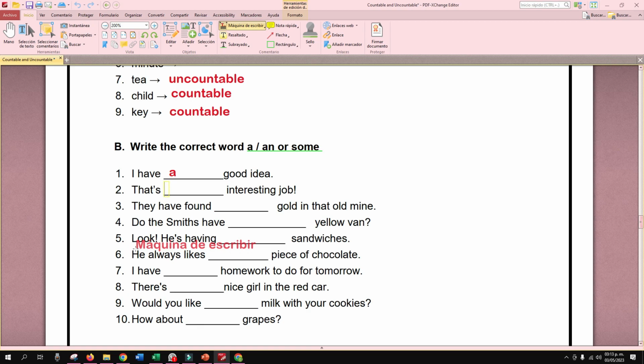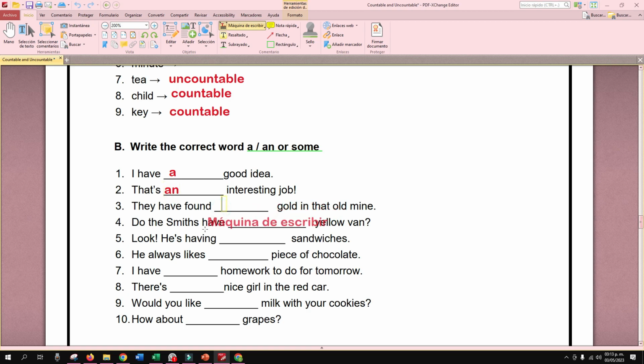A, and, right? That's an interesting job. Remember that you're going to use an when the following word starts with a vowel sound, right? And a when you have another word that starts with a consonant sound.